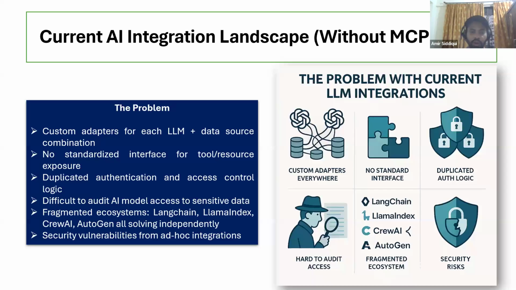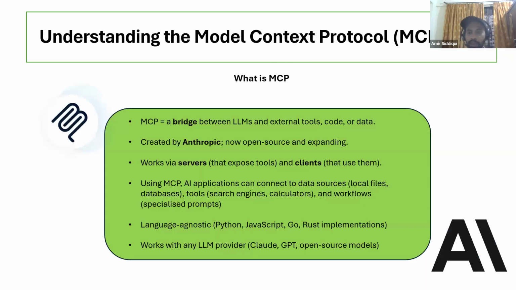They all have their different protocols. Then there is also a security risk, because you have to make sure that when you are having these AI applications, they are secure. So these are the challenges that the industry was facing with relation to the integration of these AI tools. And then MCP came in to solve these problems.